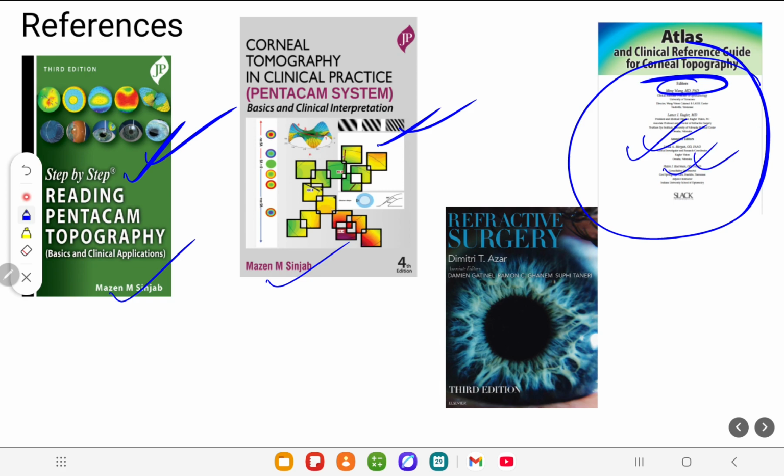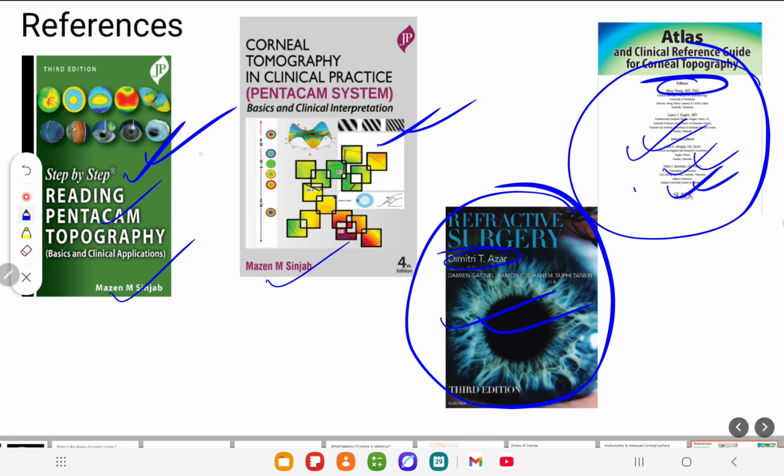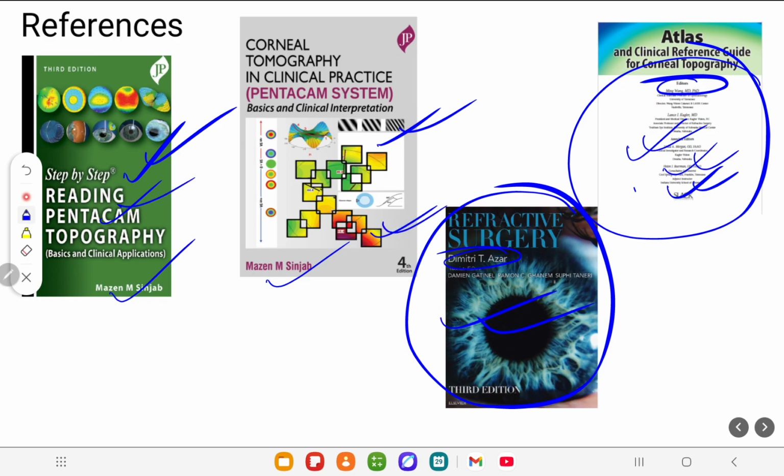I always recommend it to everyone in my conferences, as a guide. Then there is Dimitri's book, also for corneal topography, and I am reading refractive surgery, last year and currently too. So this book is also good. Sinjab sir, definitely, you don't have any other option besides him.